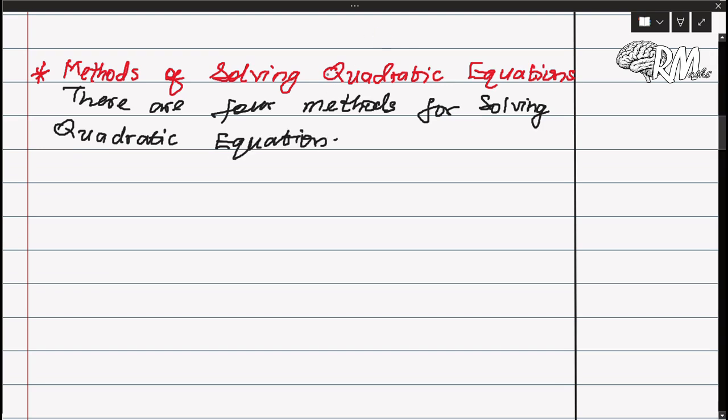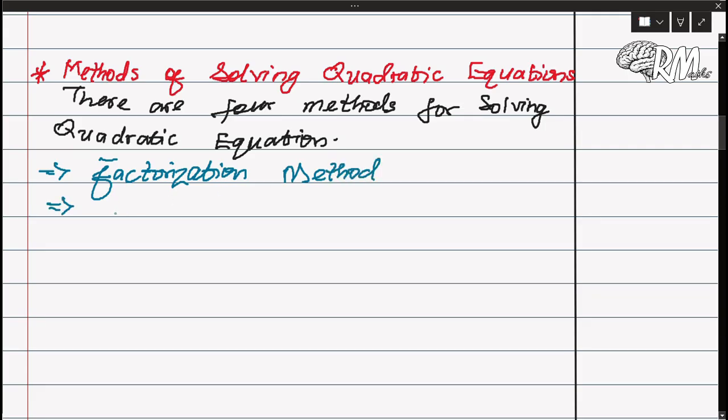We have the first one, which is factorization method.